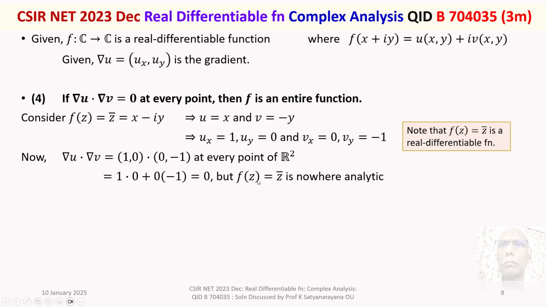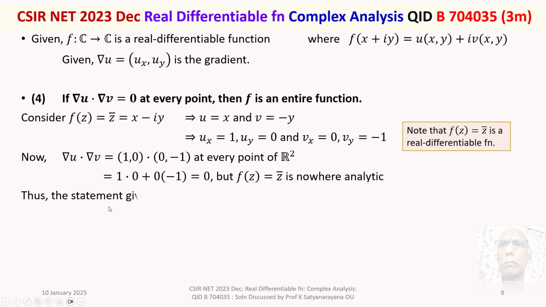But f(z) = z bar is nowhere analytic. It is a standard result, it is analytic nowhere. Del u dot del v is 0 doesn't mean that f is an entire function. Here is an example, f(z) = z bar, which is nowhere analytic, for which del u dot del v is 0.